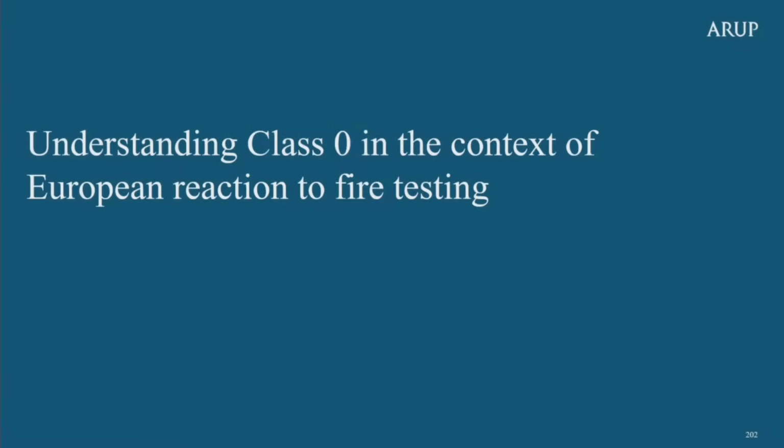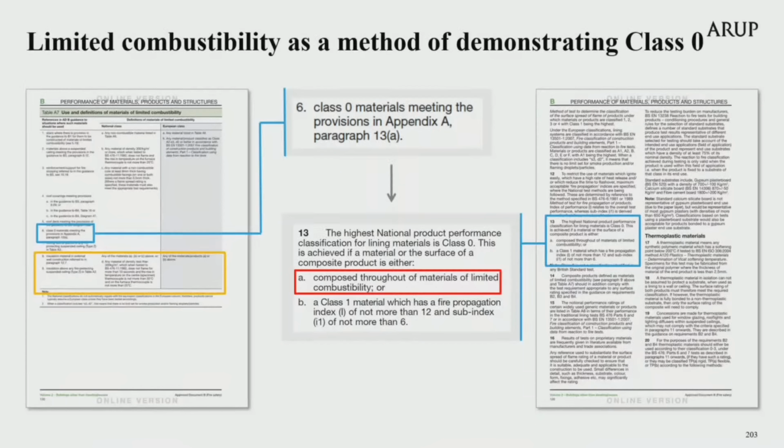However, a material of limited combustibility, which has a European class designation, is also referenced for another part of the external wall. So back again to table A7, up at row 6, marked here.